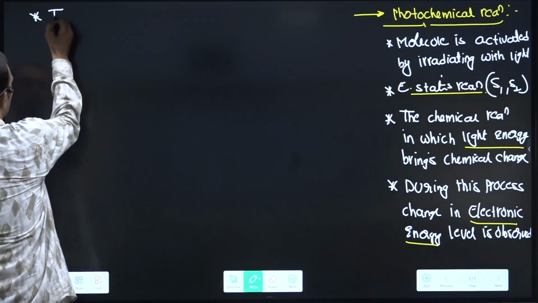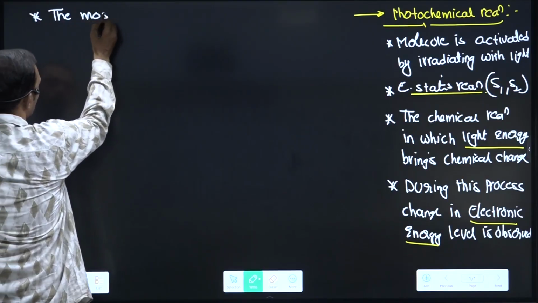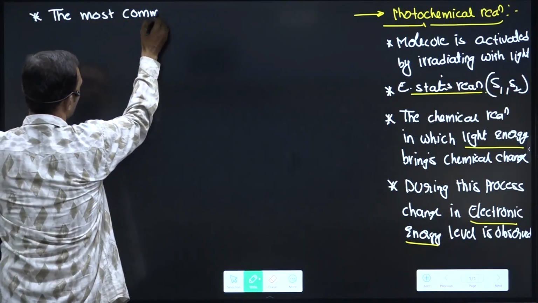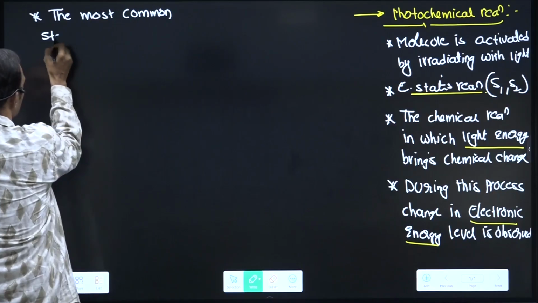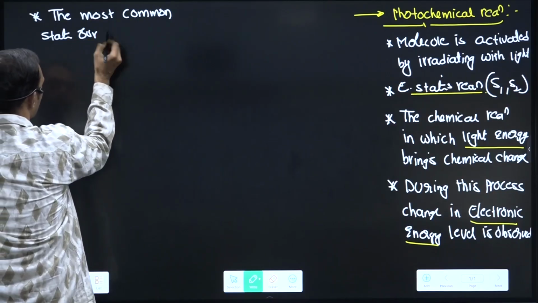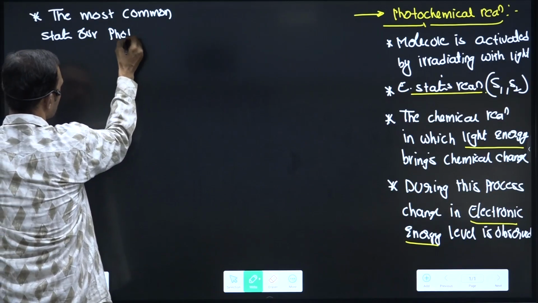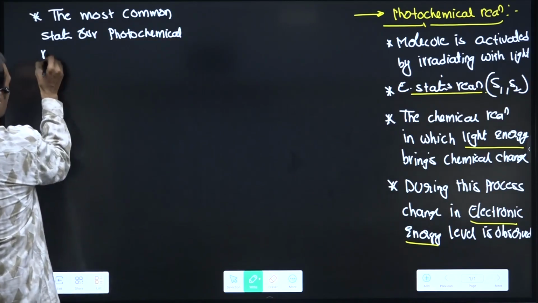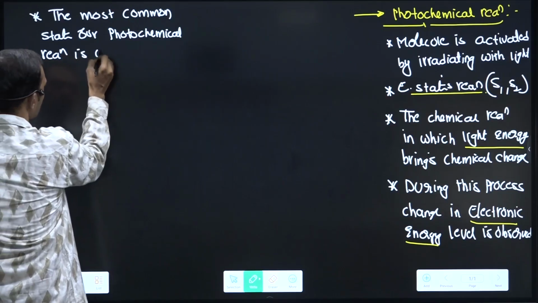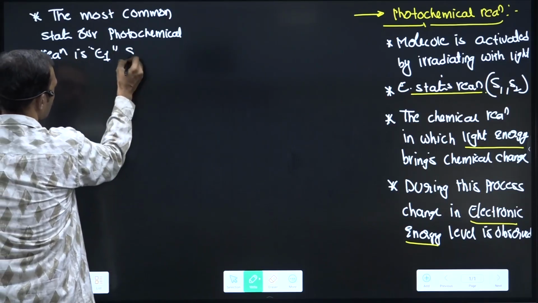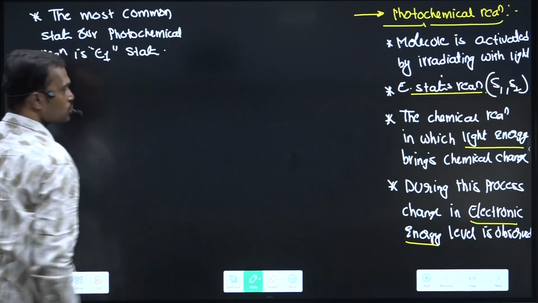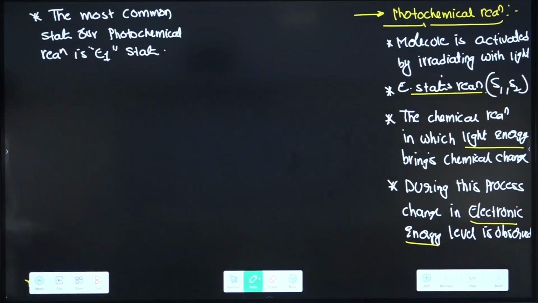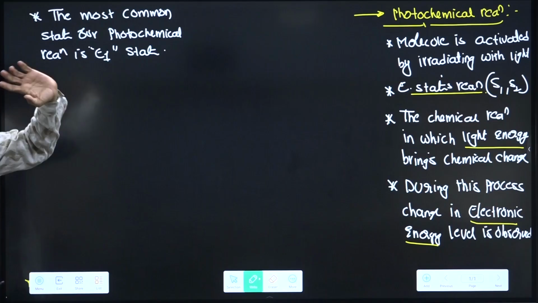So which is the most common state for photochemical reactions? It is the E1 state. The first electronic energy level is most common because of its high lifetime and more stability compared to other states.